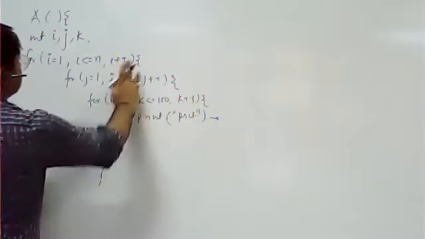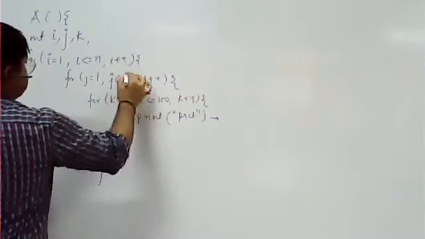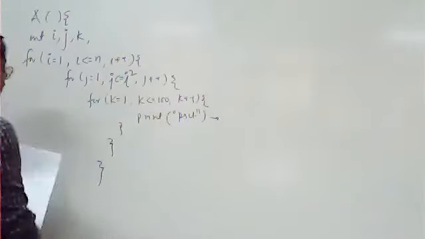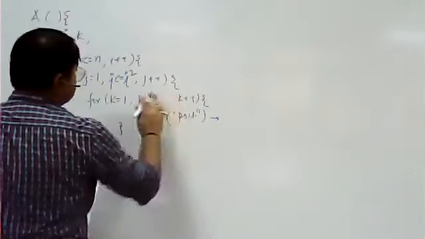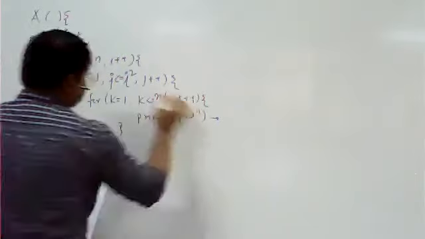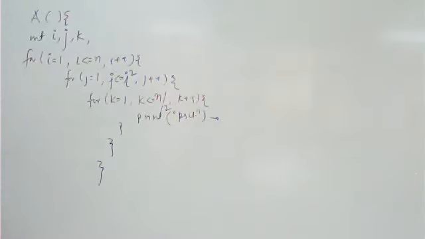Here j is running for i square times and k is running for n by 2 times.